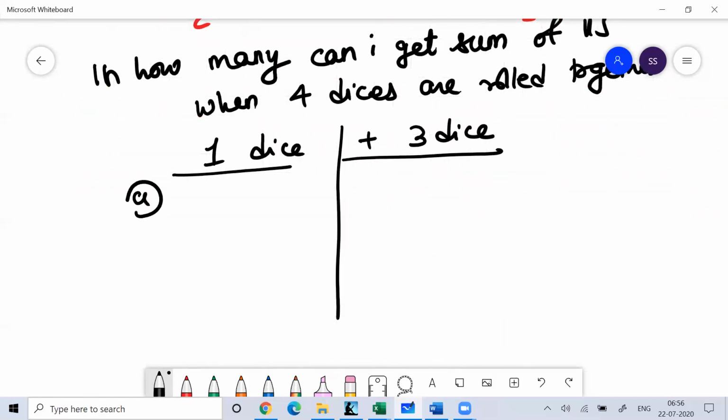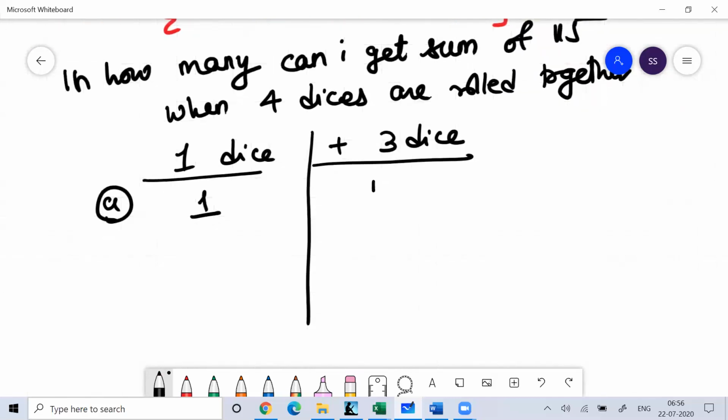Here, if I take a value 1 on one dice, I want the sum to be 15, so on 3 dice I want the sum to be 14. So the number of ways this is possible: for the sum 14 on 3 dice, the number of ways would be 15.